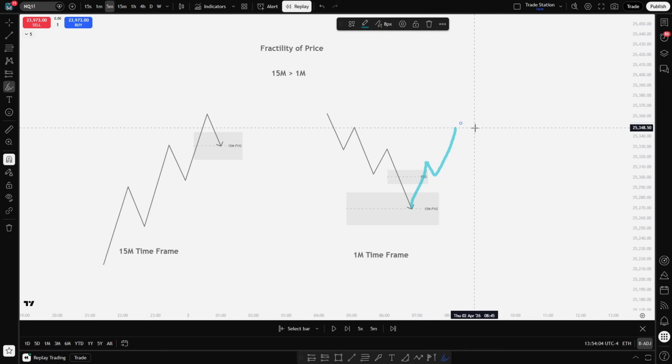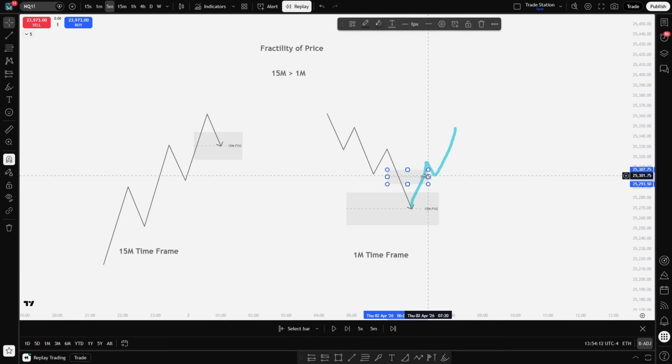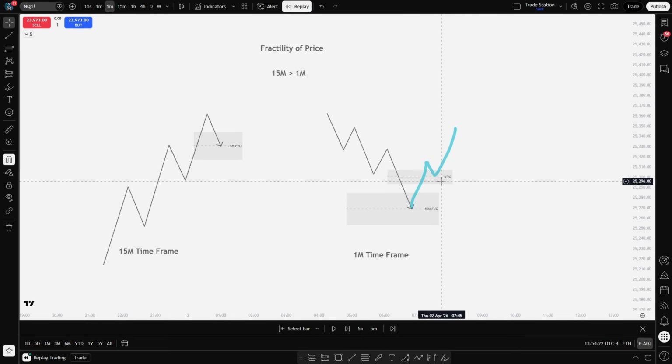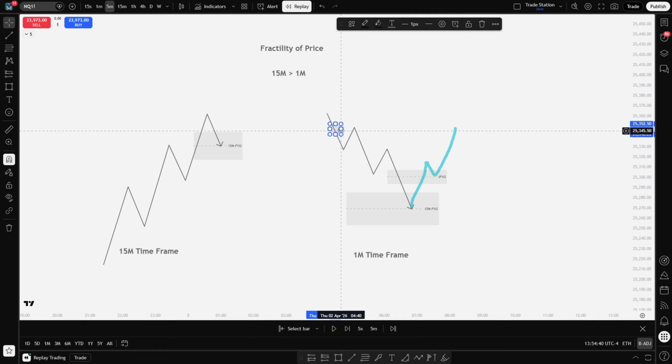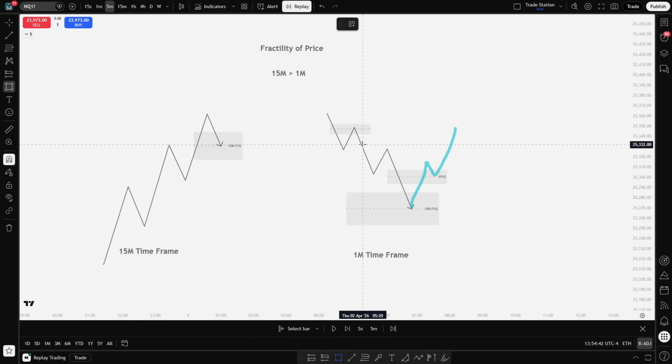Well, if we invalidate the fair value gap, what does it become then? It becomes an inversion fair value gap, an IFVG. So instead of using it as resistance, we disrespected it, inversed it, and used it now as support. Using it to the downside, straight, every fair value gap created is used as resistance to hold price down and keep going down.